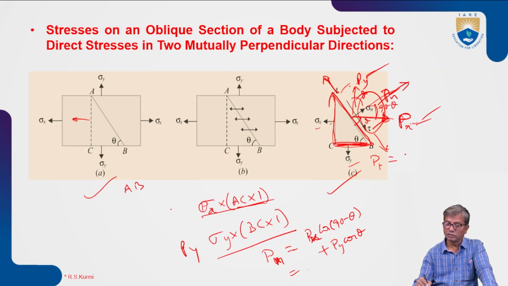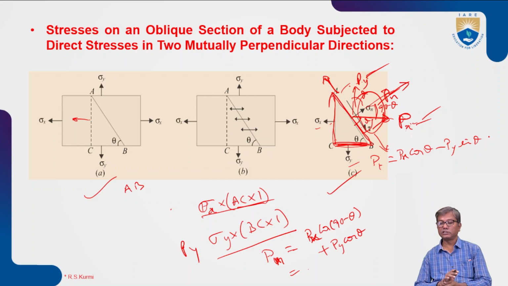So we have to find the net tangential force by subtracting: Px cos theta, this angle is theta, minus Py sin theta. This is the net tangential component of the forces acting on inclined face AB.